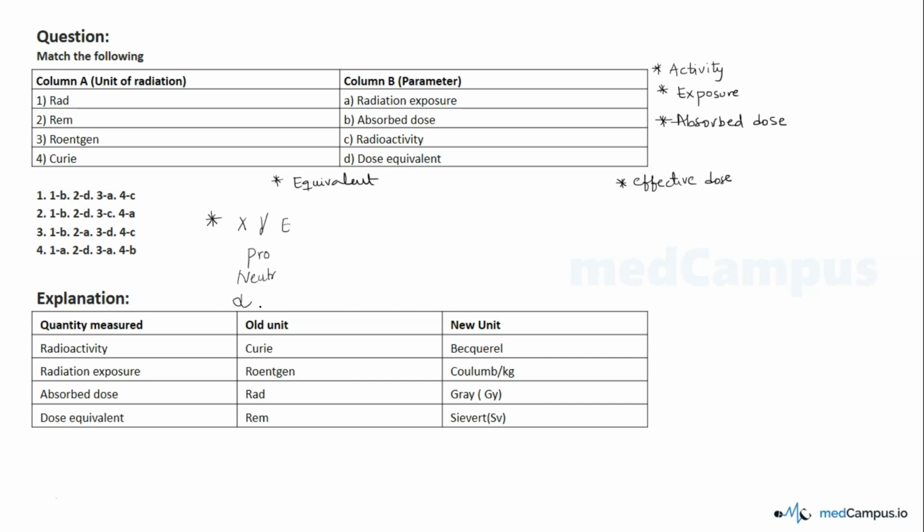It goes without saying, these different types of radiation cause different amounts of biological damage. Alpha radiation is more dangerous than X-rays.